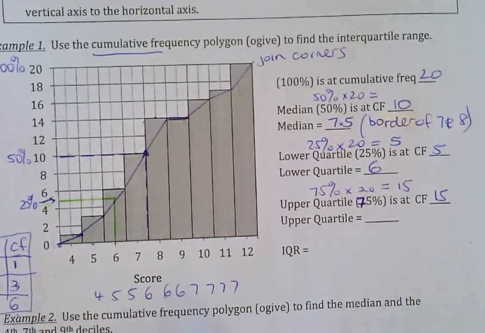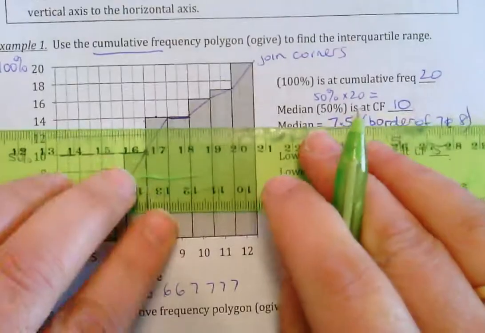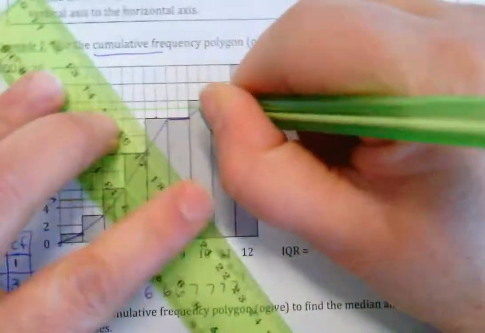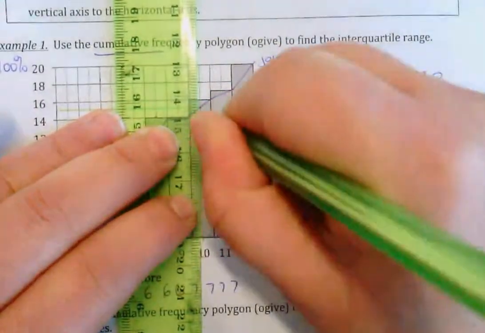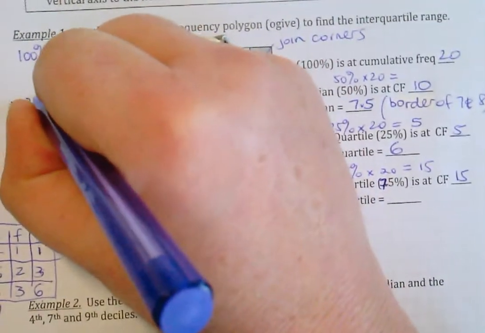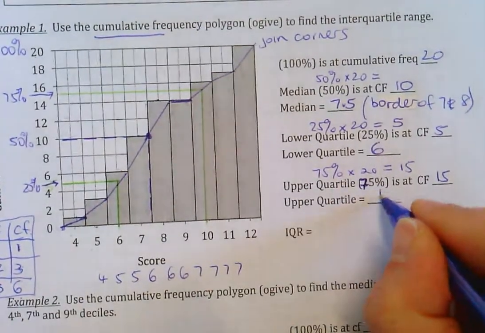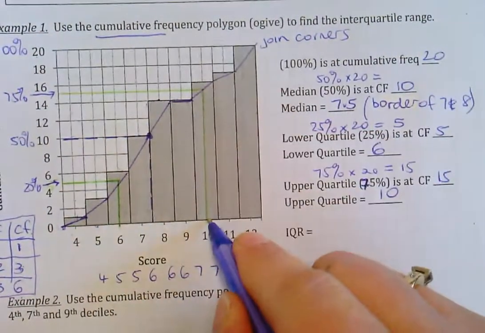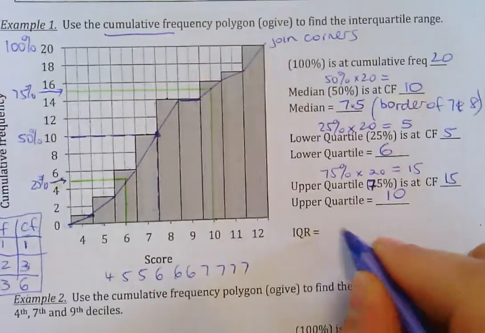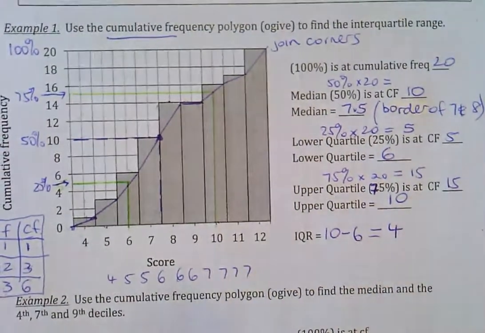I come across at cumulative frequency 15, which is here, and my upper quartile is 10 because you come across and then come down and read. So therefore the interquartile range is what? 10 minus 6, which is 4.